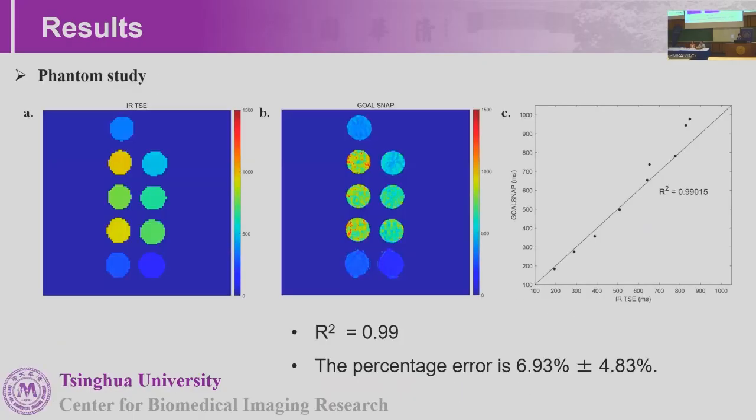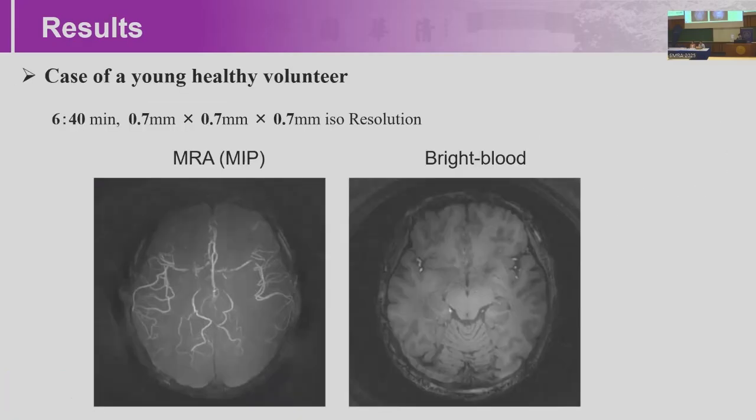For results, this is our phantom study result. It can be seen that the T1 mapping of GOLDSNAP has a high R-squared of 0.99. This is a case of a young healthy volunteer.